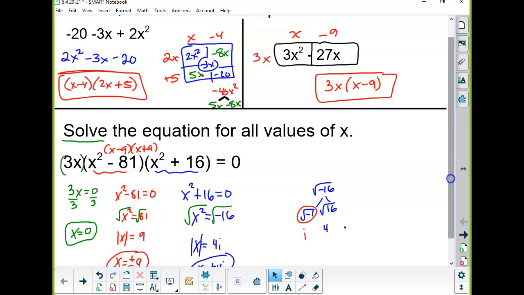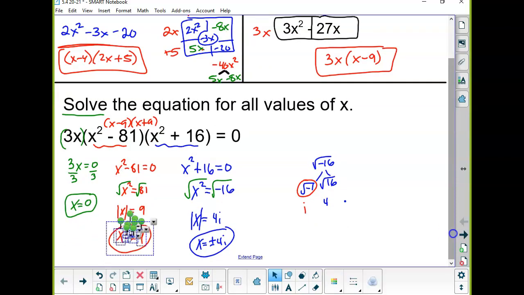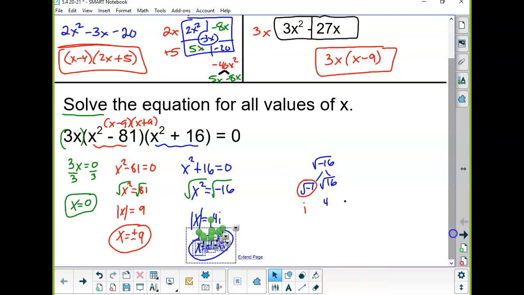And if I was to expand this out and multiply it, I would have an x times an x squared times an x squared, which would give me an x to the 5th power. So eventually this would be a 5th degree polynomial. But notice, it has solutions. It's got 1 solution here, 2 solutions here, so it's got 3 real solutions and 2 imaginary solutions.